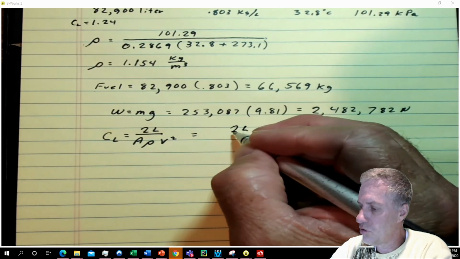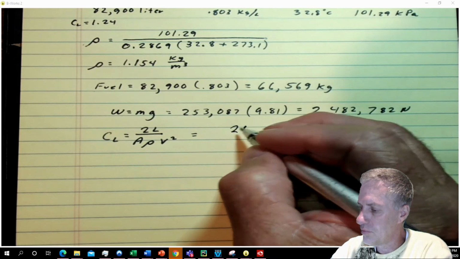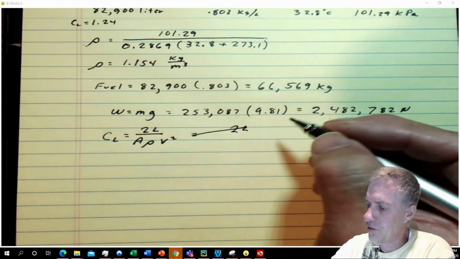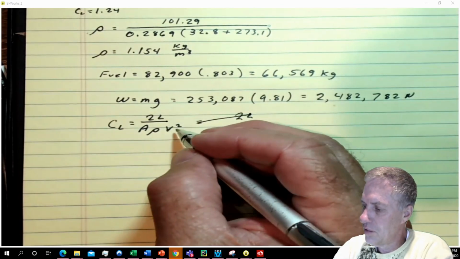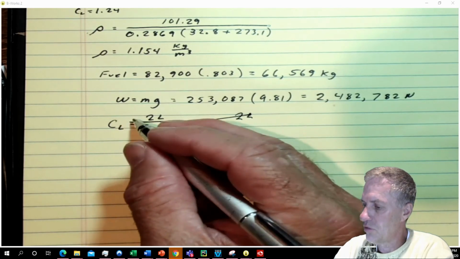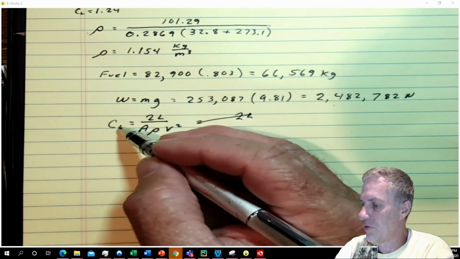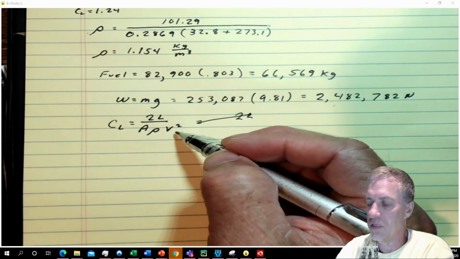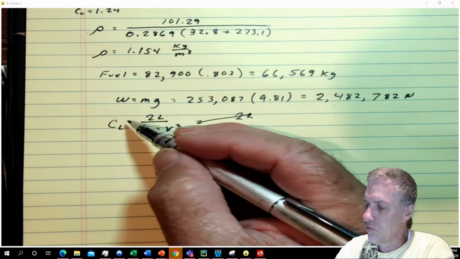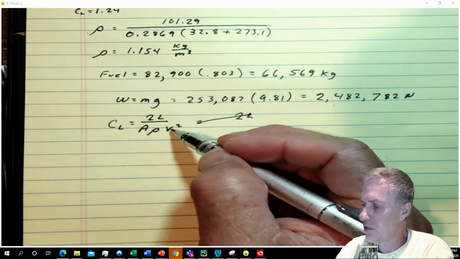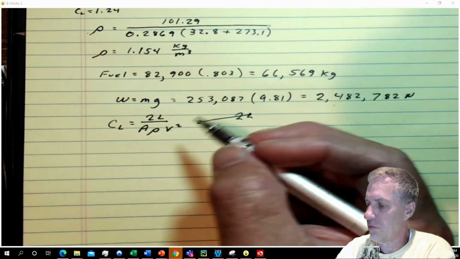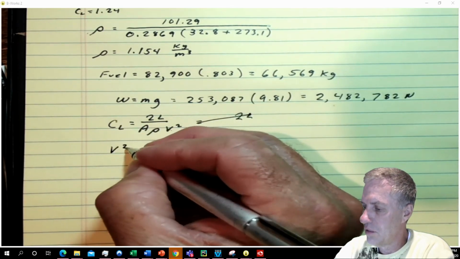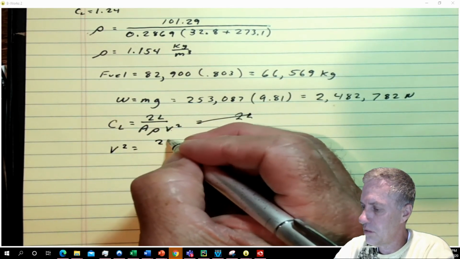Since we're dividing both sides by the coefficient of lift, it ends up in the denominator. We're multiplying both sides by velocity squared, so it comes up there. So we've got velocity squared.